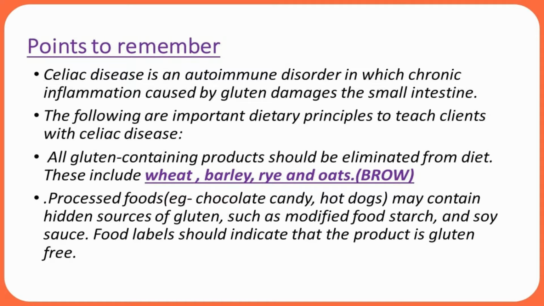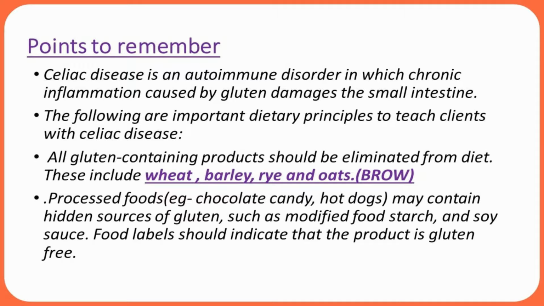For a client who is diagnosed with celiac disease, we should ensure that BRO, all these 4 food contents and their particles or modified products, should be avoided because they have gluten content. We are providing a gluten-free diet for the client who is diagnosed with celiac disease.